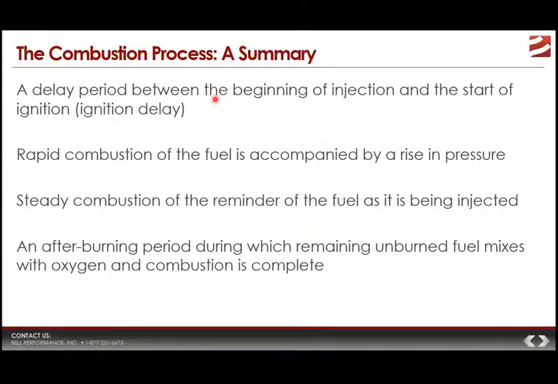Once that delay passes, then you get the rapid combustion of the fuel. That creates a rise in pressure inside the cylinder. If it was in a boiler, then the pressure rise would be a little bit less. But if it's in a confined space like a cylinder, like a large internal combustion engine, you're going to get a more noticeable rise in pressure.